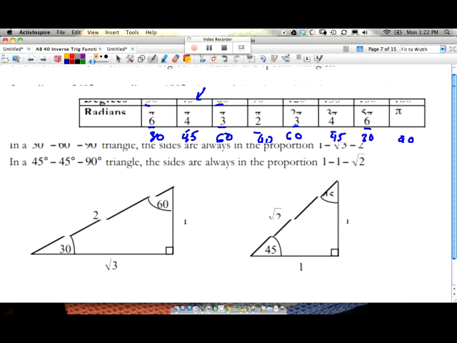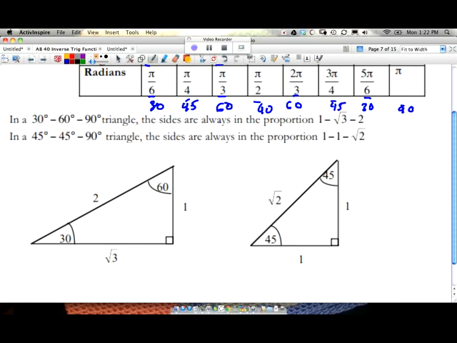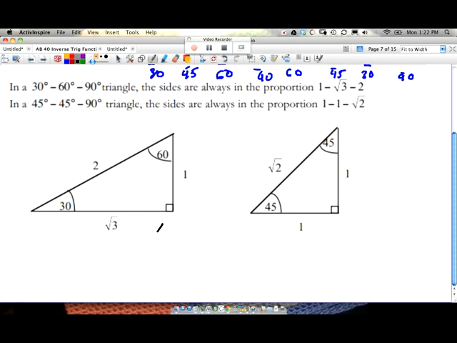Now for 30-60-90 and 45-45-90 triangles, keep in mind these shapes. One alternate version is that you not only memorize this version of 30-60-90, but if you think about it, what if it was tilted the other way? If this base angle was 60 and the top angle was 30 degrees, then we'd have 1, 2, square root of 3 like that.